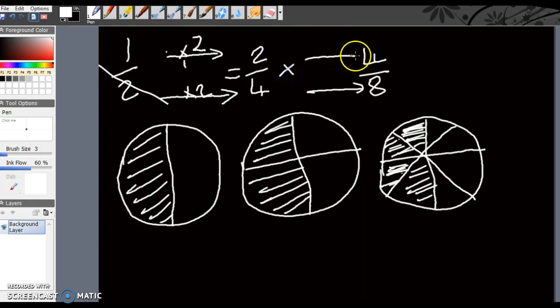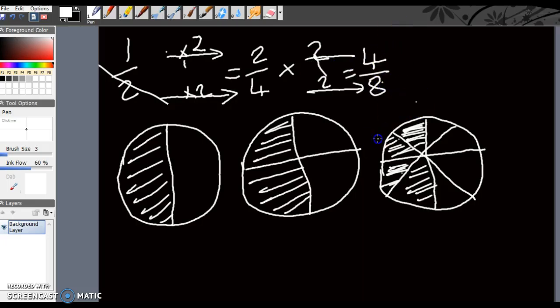Let's look at the next pattern. The pattern that I'm seeing is that the 4 became an 8 in the denominator, and the numerator went from 2 to a 4. Again, it looks like I multiplied both numerator and denominator times 2. And another equivalent fraction right here.